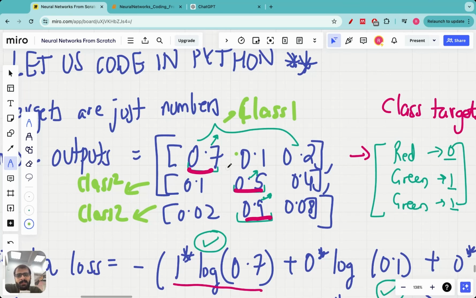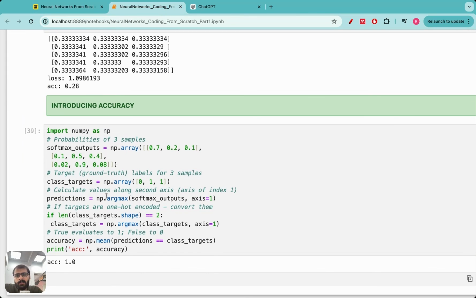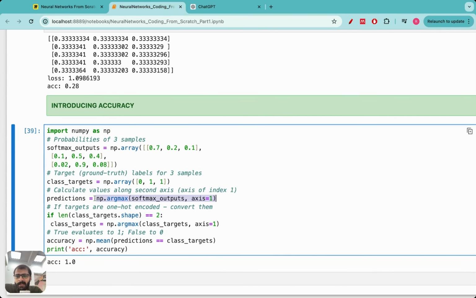As long as with the highest confidence we are predicting class 1 among these three classes, we call it accurate. So that's what's done. We take the maximum argument in each row and we check it with the class targets. And the number of times we are correct, our accuracy increases.